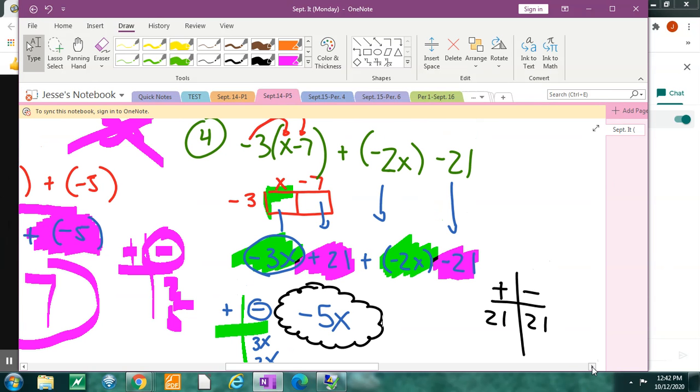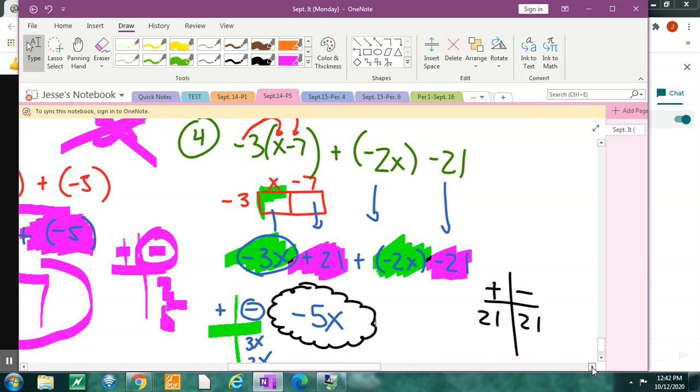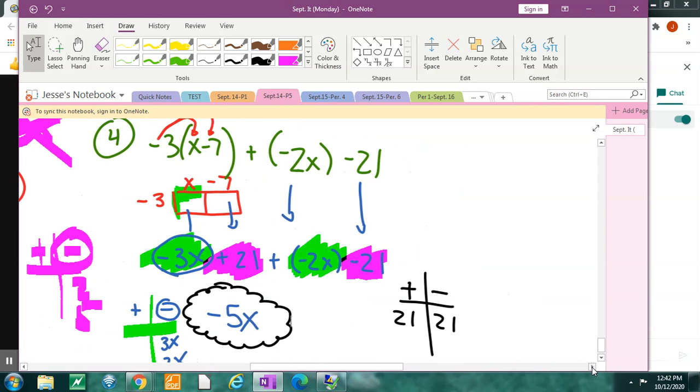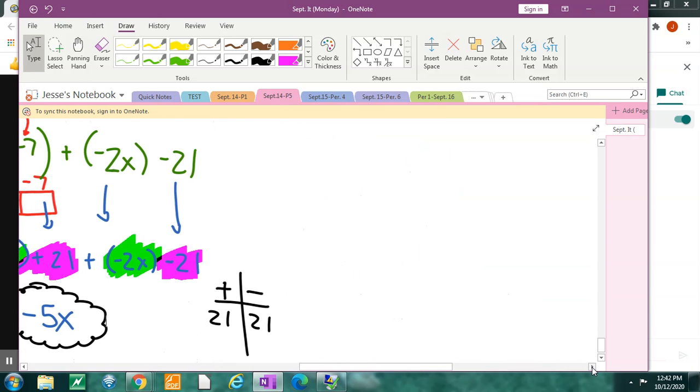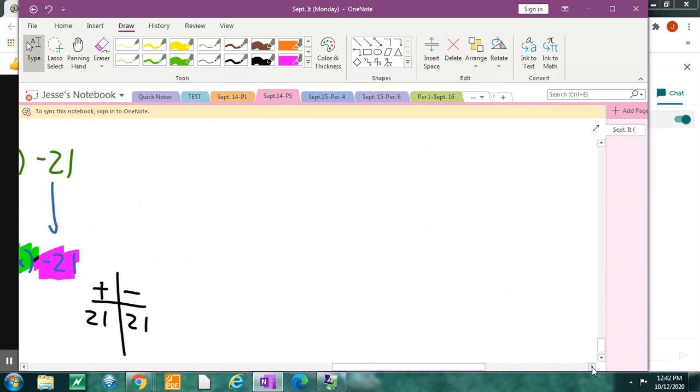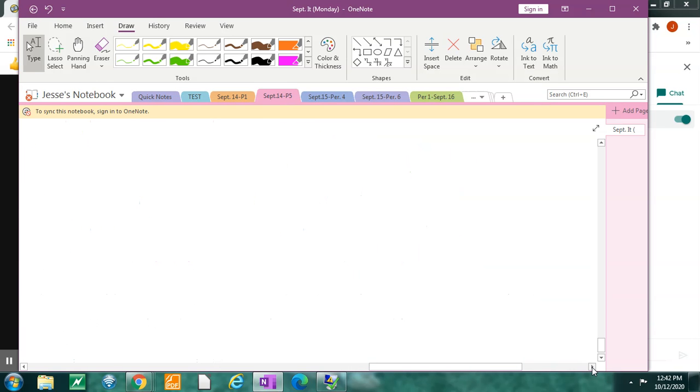Number 5. Here we go. Get out 4. Move out 4. There we go. Number 5. Let's do it. Oh, you see that? My frame fell. It's all good. And it's in the recording, so you guys can see it.